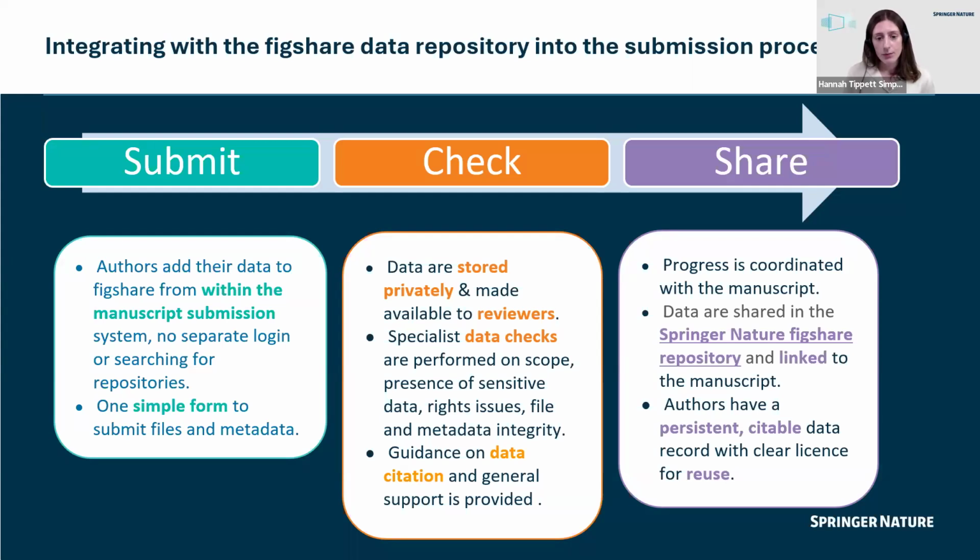In this way, you are able to share data privately with reviewers during peer review. Figshare also automatically assigns a DOI, a digital object identifier, to your data set, and that ensures that they're citable and trackable. You are then able to include your data set as a reference in your paper, and the data themselves become accessible. They're automatically published alongside publication of your associated manuscript.